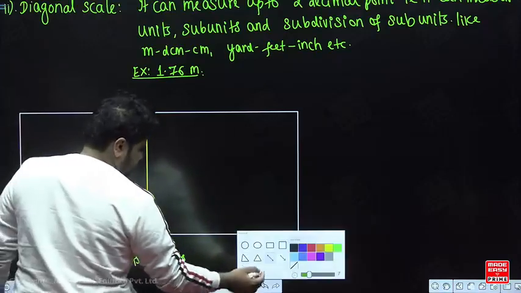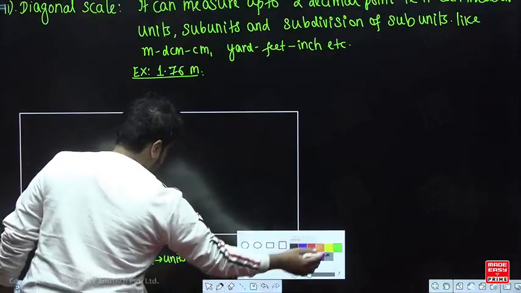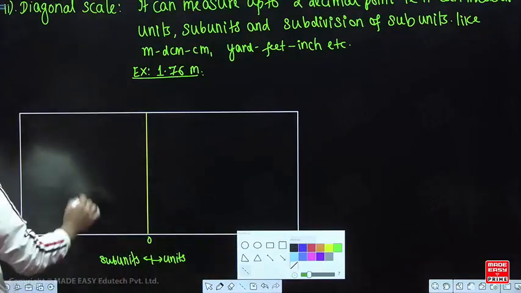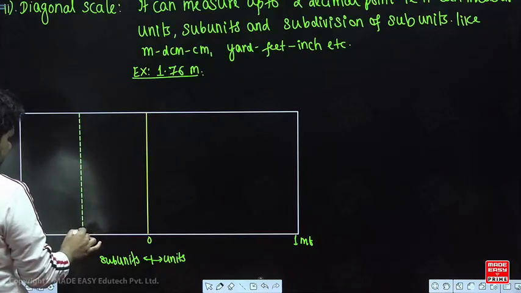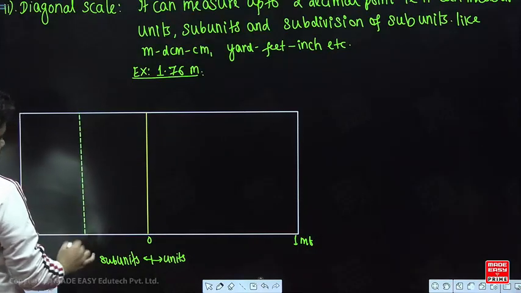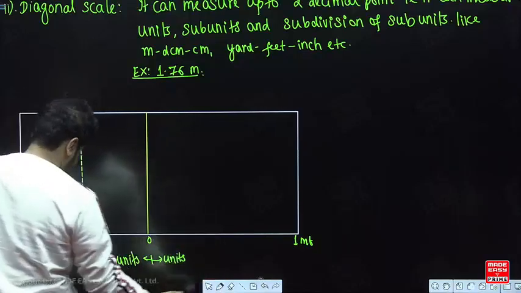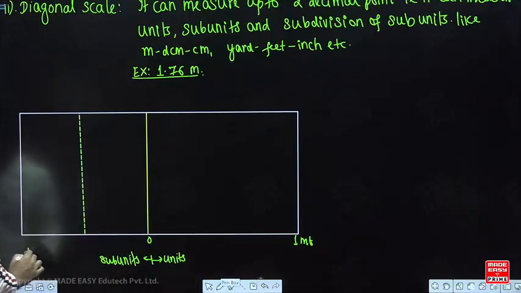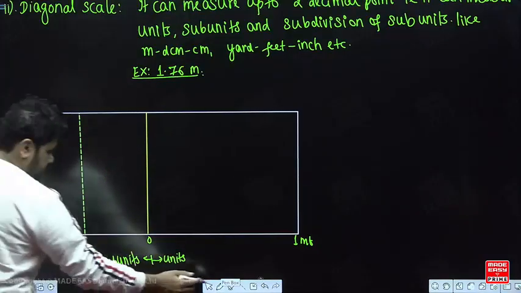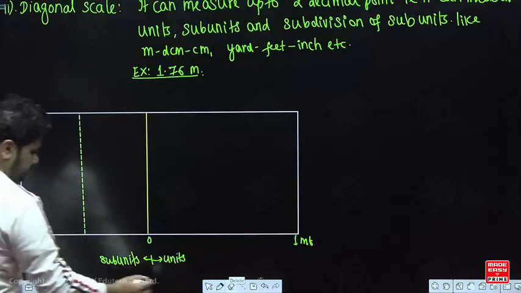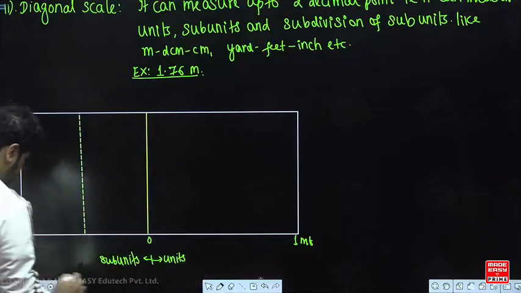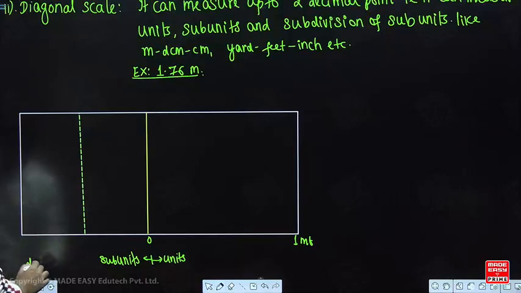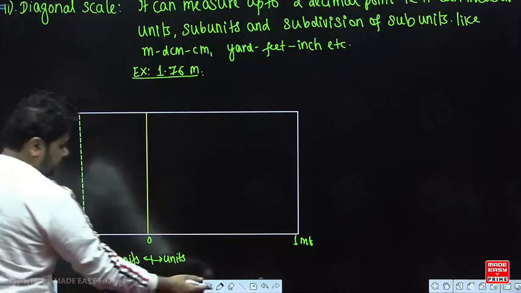Now what we are going to do is divide this subunits into 10 equal parts. Why? Because one part will become decimeter. So if this is meter, this part will become decimeter, isn't it? So if this is unit, this will be your subunits, right.